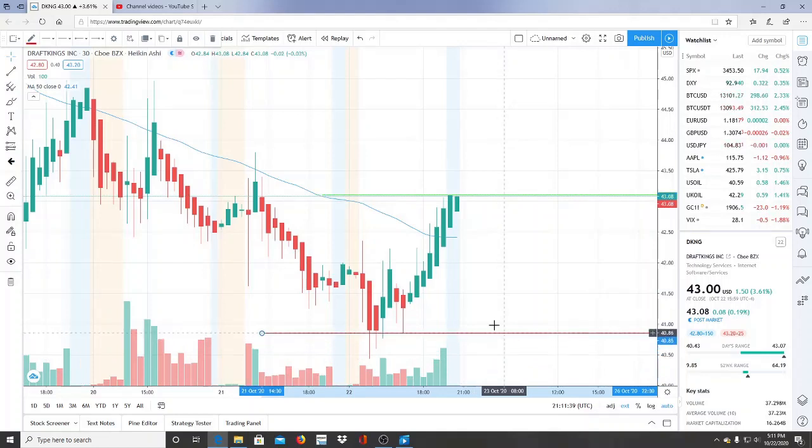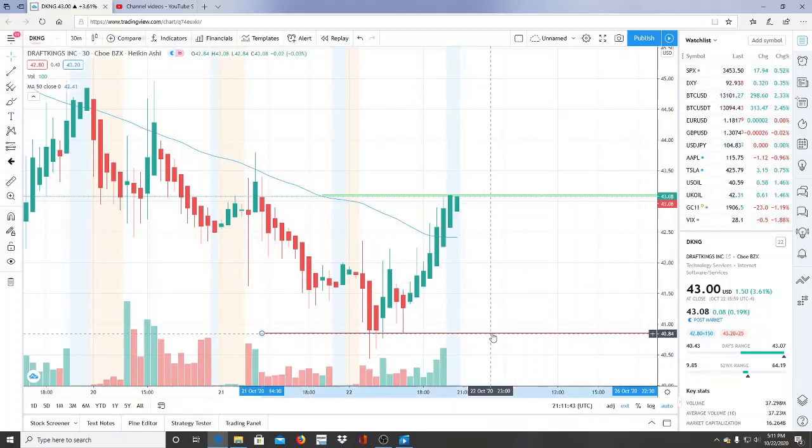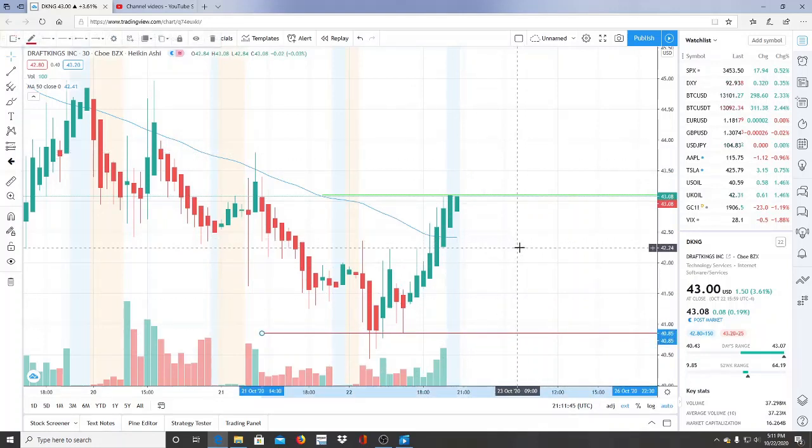Now, on the other hand, we have what the bears want. This is the lowest point before this bullish run, and that is 40.85. For the bears to get there, they first need to cross the 50-day moving average of 42.41. If they accomplish that, it is now in bearish territory.